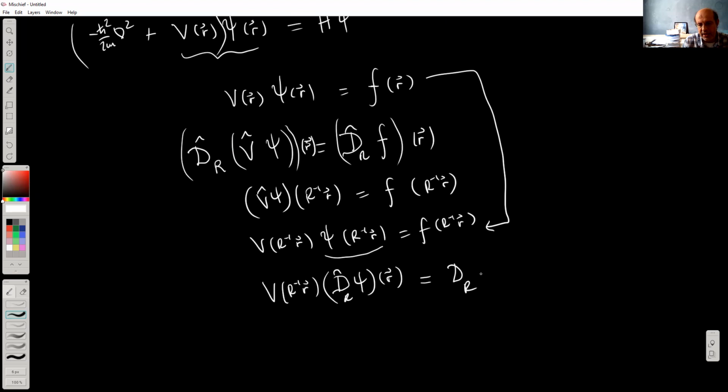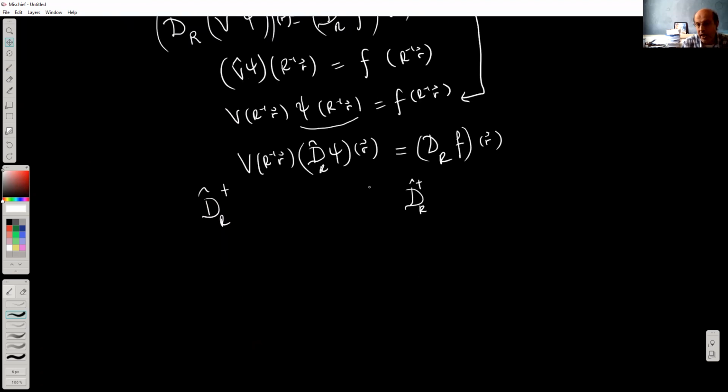This is dr applied on f, evaluated at R. So what I would like to do is apply the inverse of this operator to both sides, actually. As a result, on the right-hand side, I'm going to get f of R.